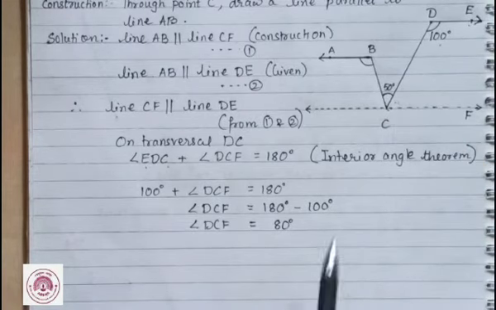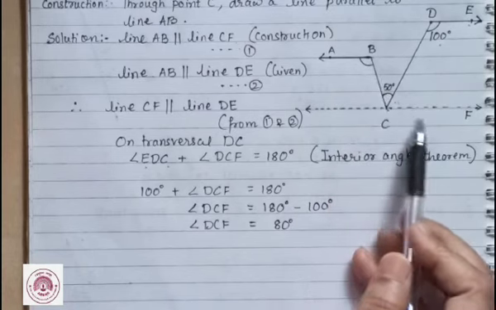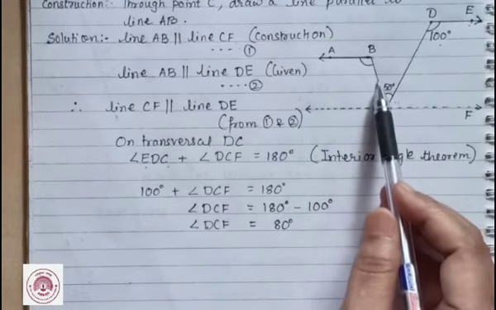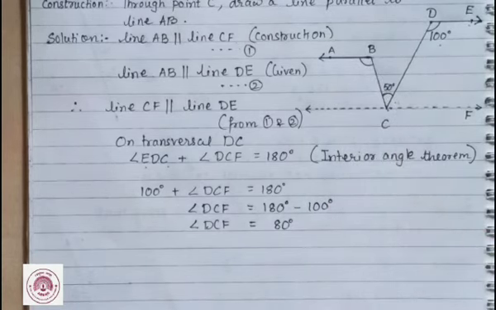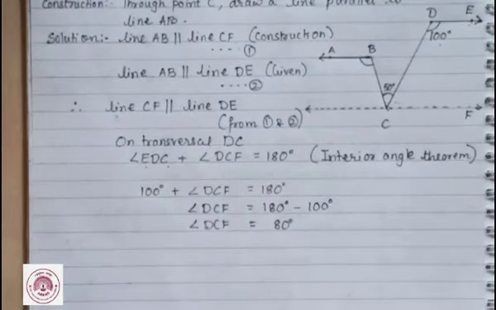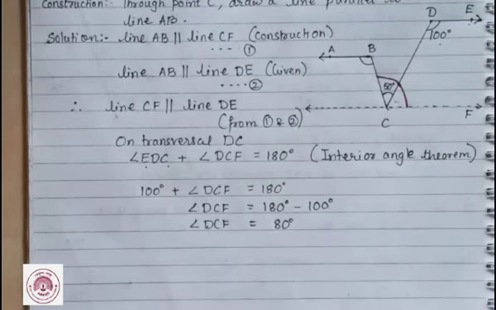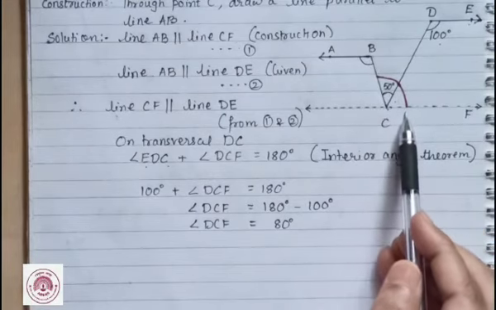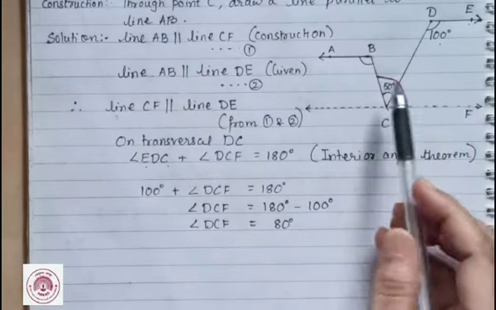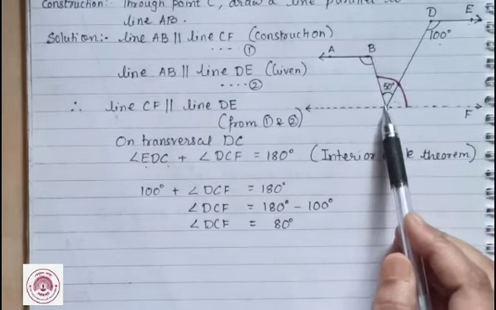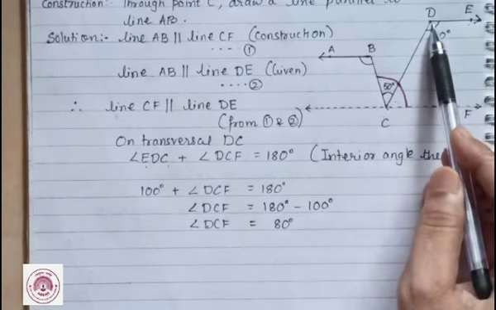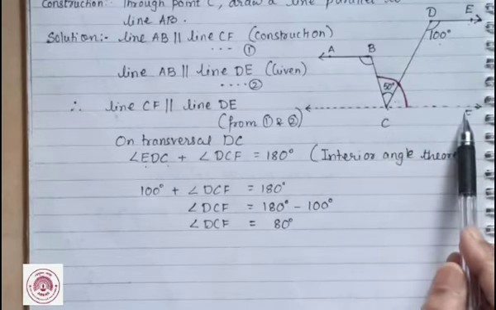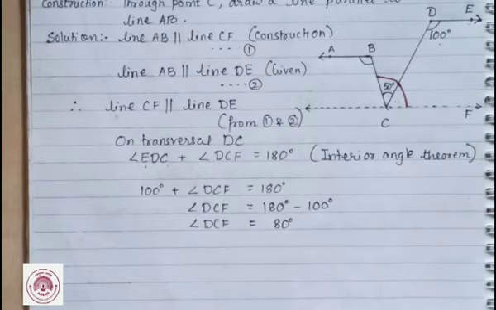Now angle BCF, that means this angle. This angle can be written as angle BCD plus angle DCF by angle addition property.